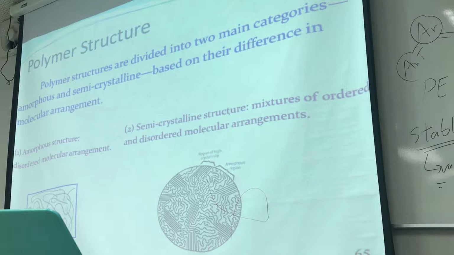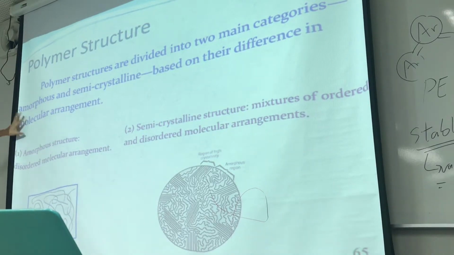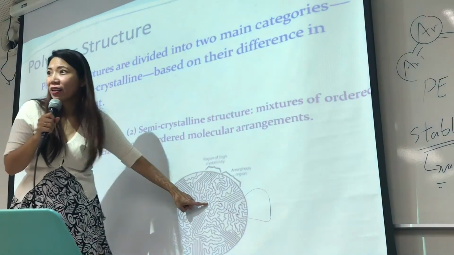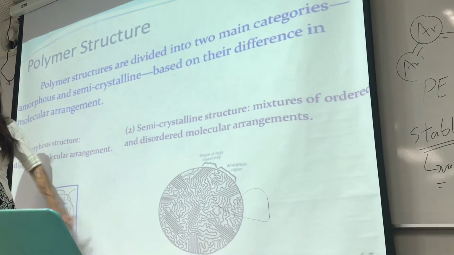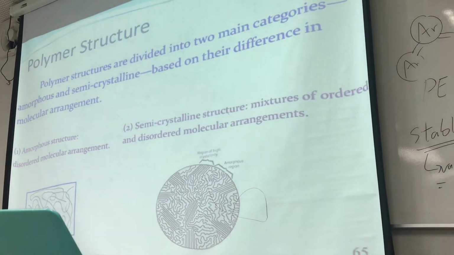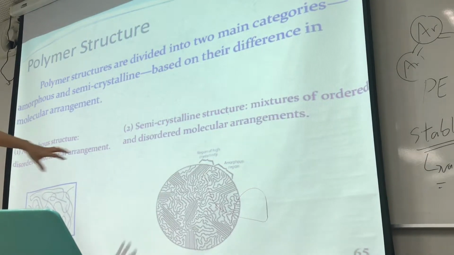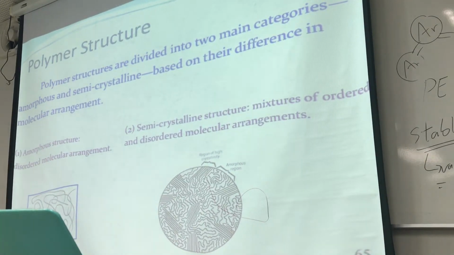So let's get back to our stuff. Alright, so next, do we need to carry on with this? Actually, I have taught you already. What is this? Crystalline and amorphous. In this case, a lot of polymers are crystalline, a lot are amorphous, and a lot are semi-crystalline. Alright?